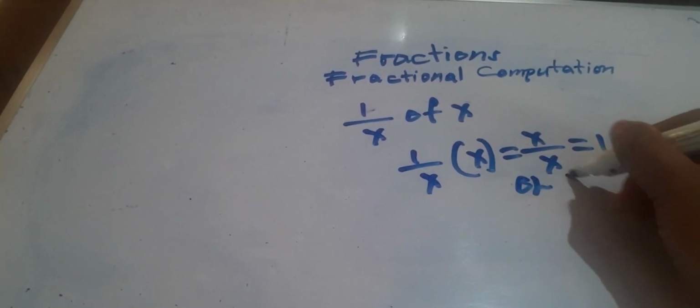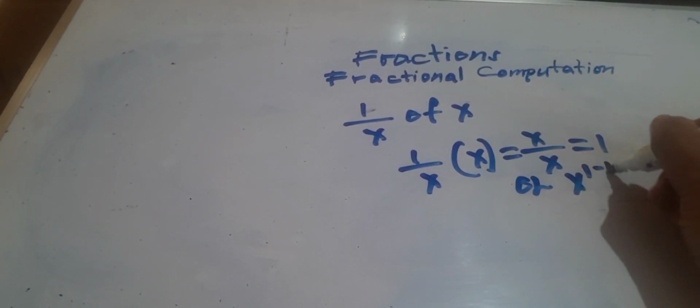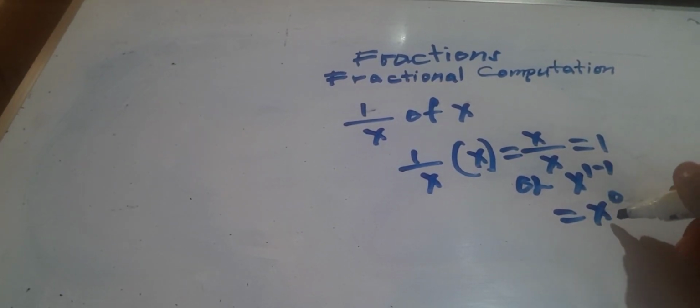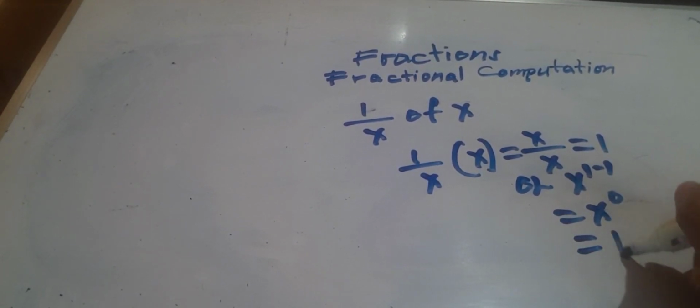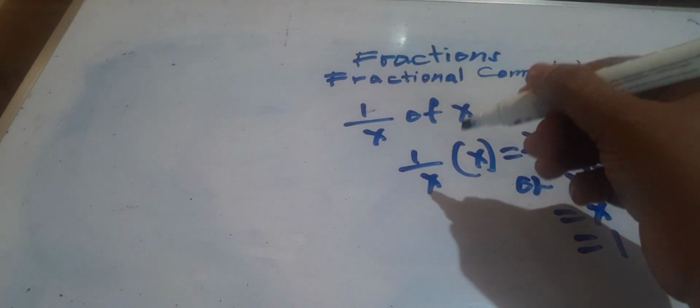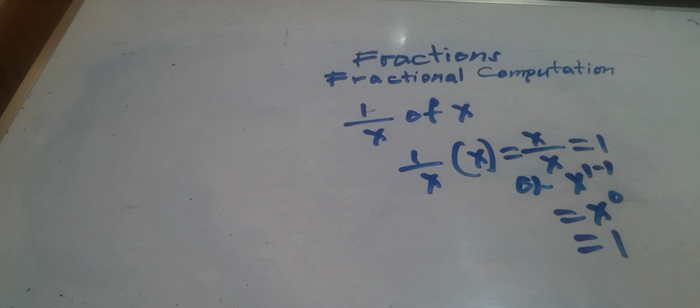Or x to the power of 1 minus 1 equals x to the power of 0. Any number raised to the power of 0 is equal to 1. So 1 over x of x is equal to 1 by the law of exponents.